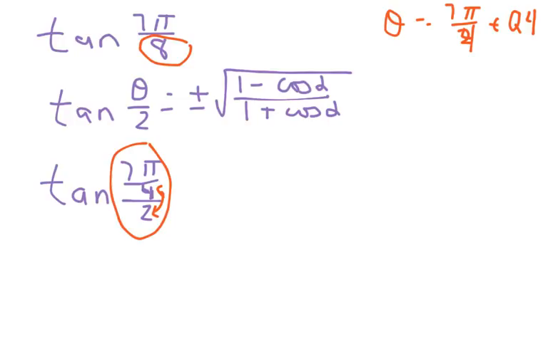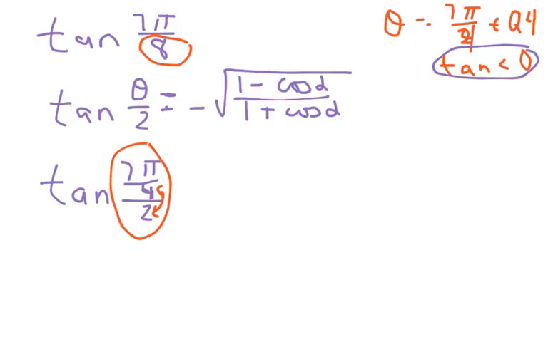So, since we're in quadrant 4, tangent is negative in quadrant 4. So we're going to take the negative of this formula. Now this is where you're going to be counted off on a quiz. You have to keep your signs right. You have to know what quadrant you're in, and that tan of theta is negative.